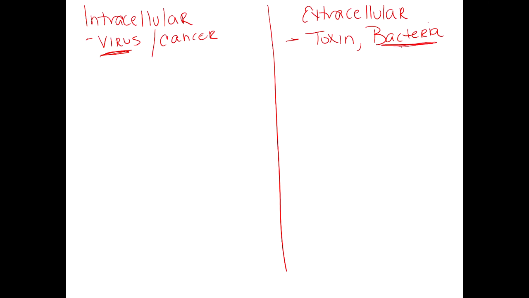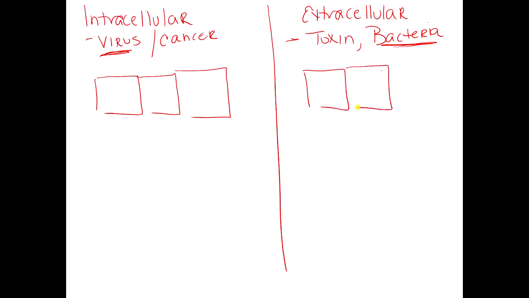Okay, so if this is the tissue, let's just say it's your respiratory tissue. Okay, so nucleated cells have the ability to be invaded by viruses or things like that.